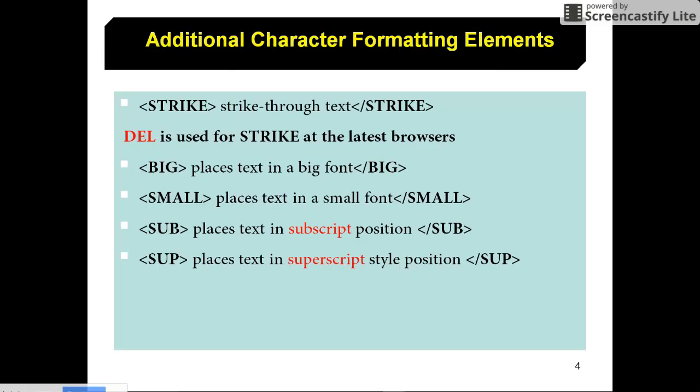There are additional character formatting elements that include strike, big, small, subscript and superscript. Superscript, like x squared, denotes mathematical notation like x raised to the power of 2. We can write it with the sup tag.